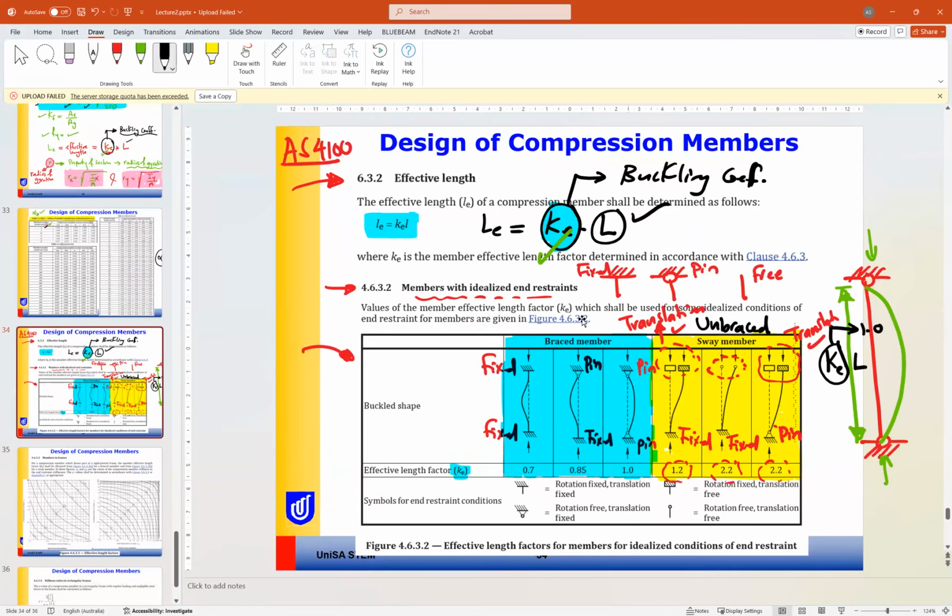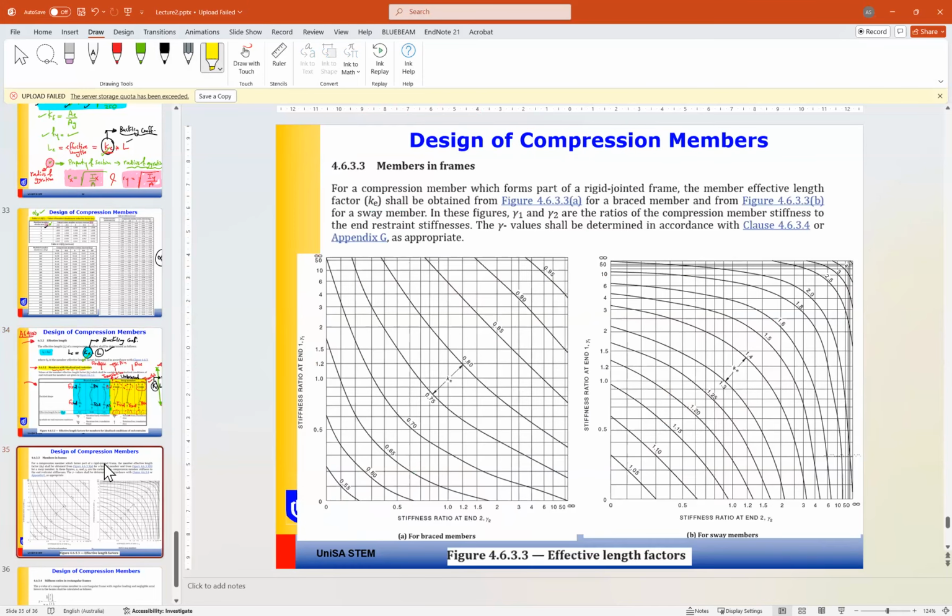So you need to go to this table if you are using the idealized end restraint condition. Another method, which is the accurate method for the Ke value, uses clause 4.6.3.3.